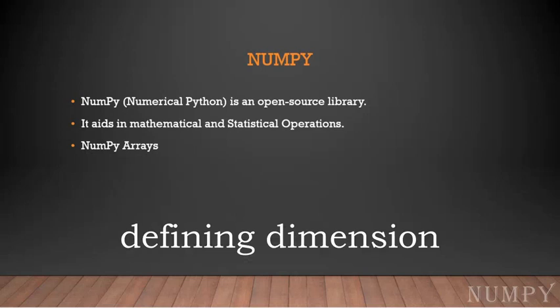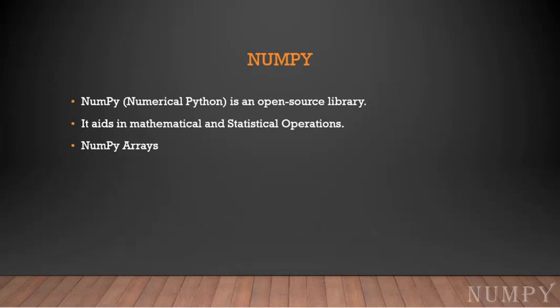Like defining a dimension. You can manually define the number of dimensions by using the ndim function, and you can also declare the item size, for example if you want only 2 items per array. You can also declare dtype attributes, to understand data type. We'll see that later if we work on projects where it is required.